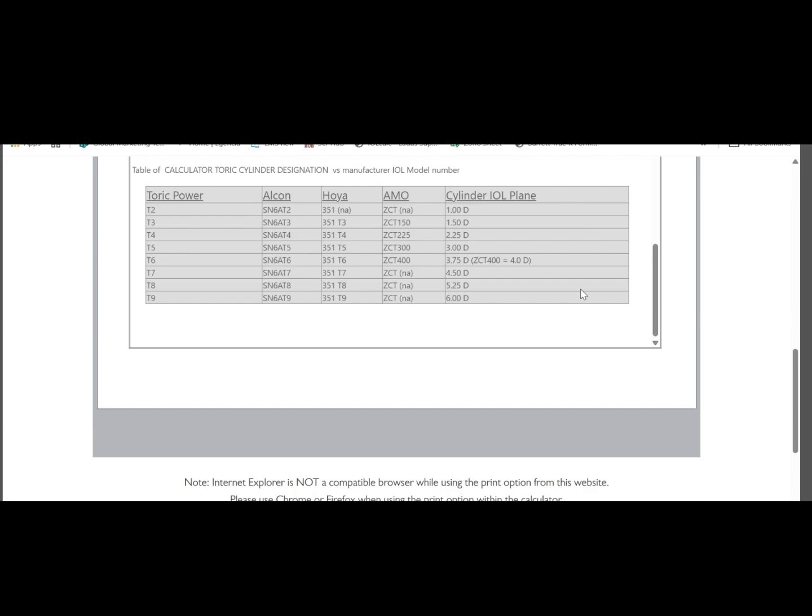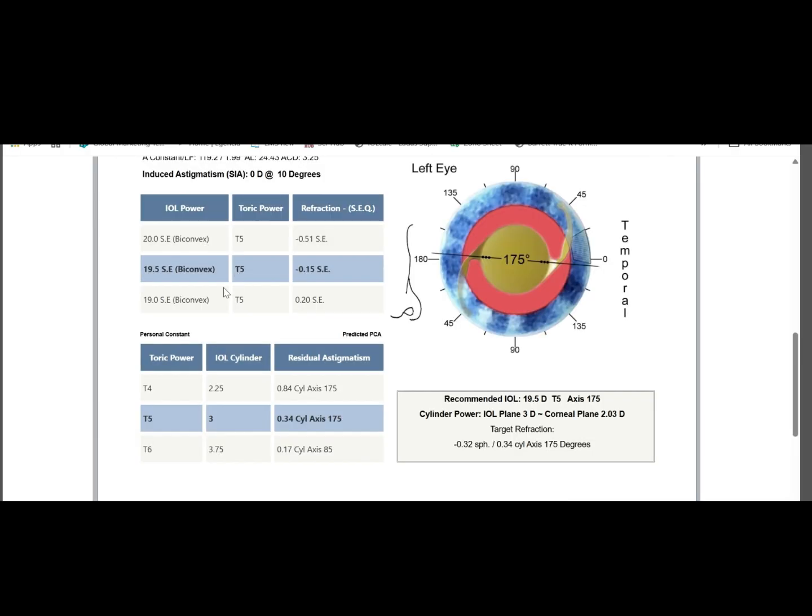It is not included over here, but in the IOL plane, the toricity or the cylinder correction is 3 diopters. But remember, you're correcting actually on the corneal plane, so the correction of astigmatism on the corneal plane would be around 2 diopters, but it differs from Alcon, Hoya, or the J&J models, right? So 19.5 diopter is recommended with the T5 toric models, and the refraction is given over here.